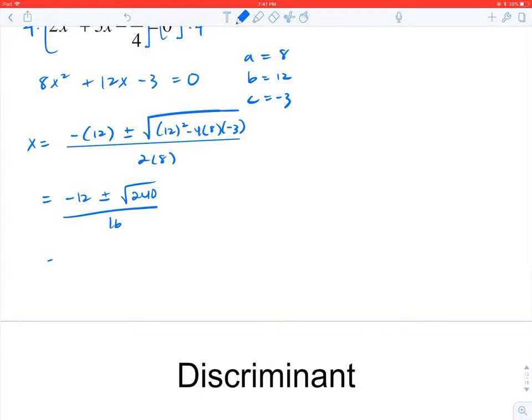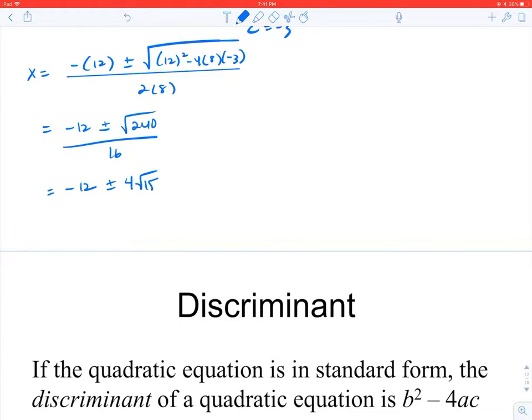Okay, so that's going to be the square root of 240 over 16, which will actually simplify to be negative 12 plus or minus 4 root 15, since 16 times 15 is 240.